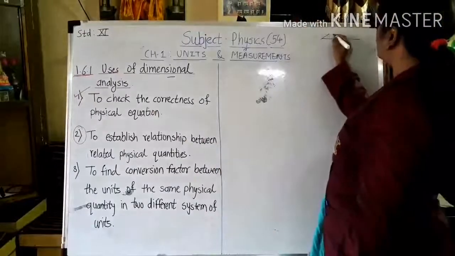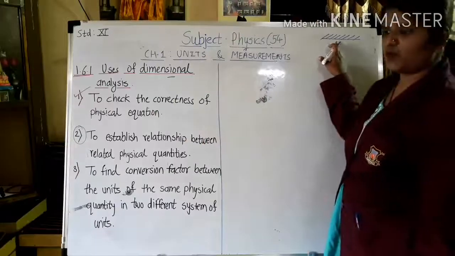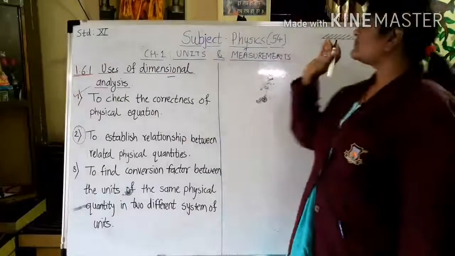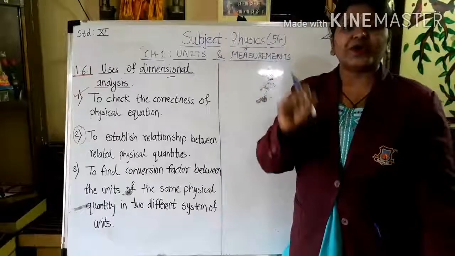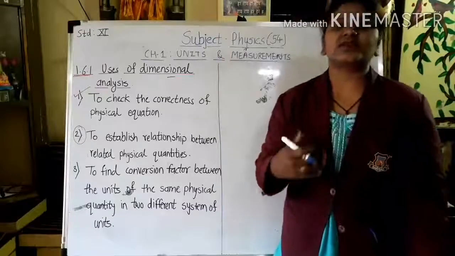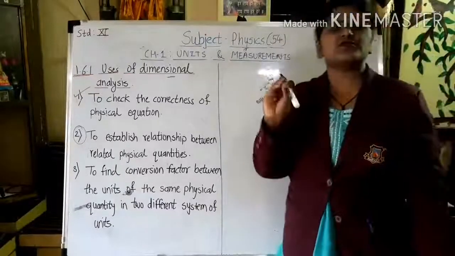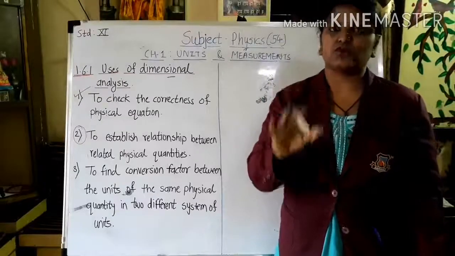I will tell you by drawing a diagram, which is this. This is nothing but a rigid support. Now what is the meaning of rigid support? We are going to consider it as a wall. Rigid means when you are applying any kind of external force to it, it will not change its shape and size. Now in this case, this rigid support is a wall.